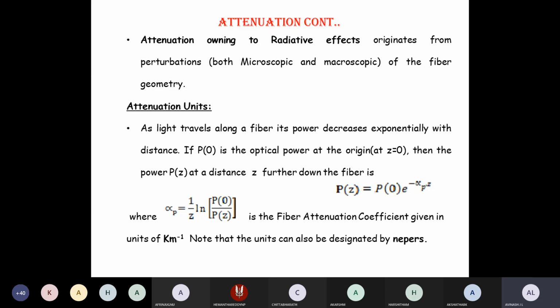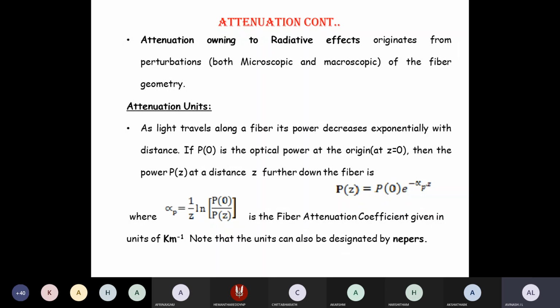Now we'll see attenuation units. Take the heading attenuation units. One thing in the attenuation concept we must understand: as the light travels along the fiber, its power decreases exponentially with the distance.